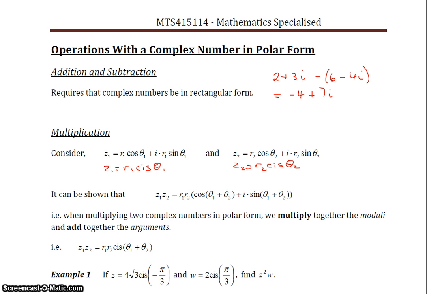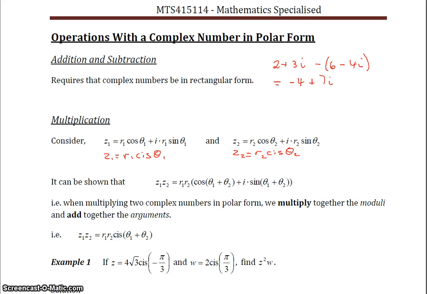So in other words, when we multiply two complex numbers together in polar form, we multiply the moduli together and add the arguments. In other words, z1 times z2 will be r1 times r2 cis of theta 1 plus theta 2. So we're multiplying the moduli and adding the arguments. It really makes that quite easy to do then.